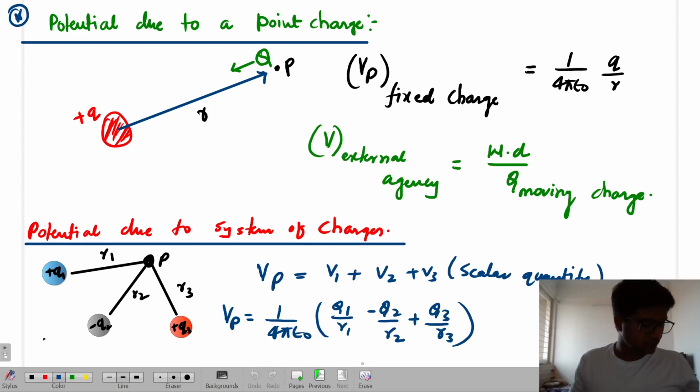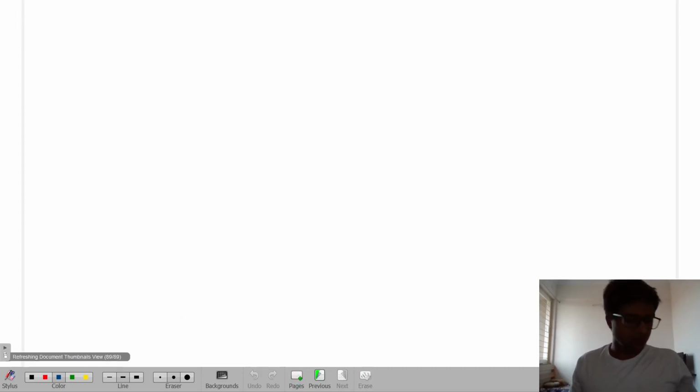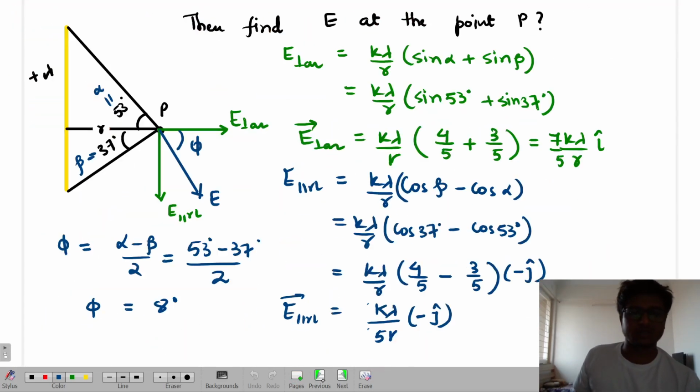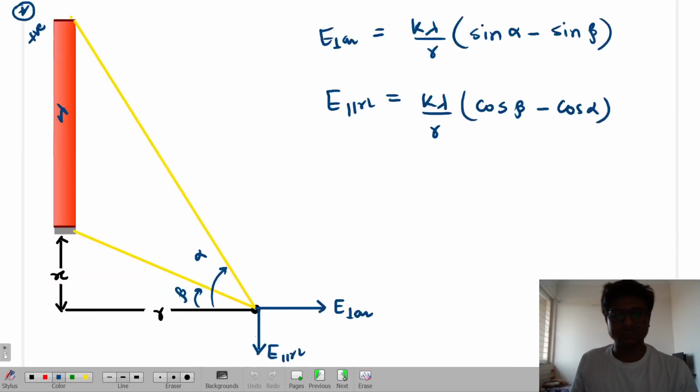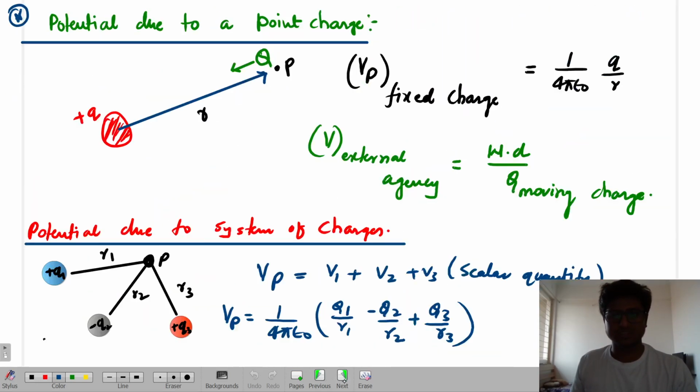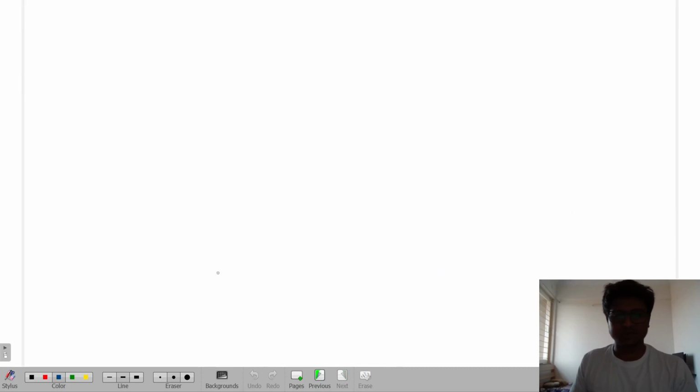So now what we will do is some questions. Just remember this electric field. I'll just have a formula sheet of all these, a quick recap.